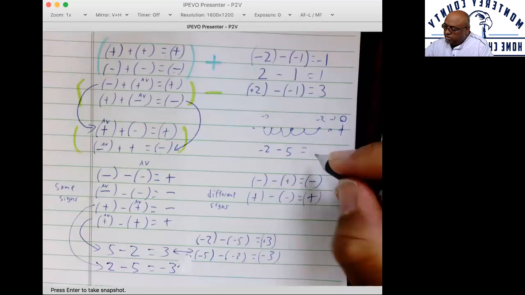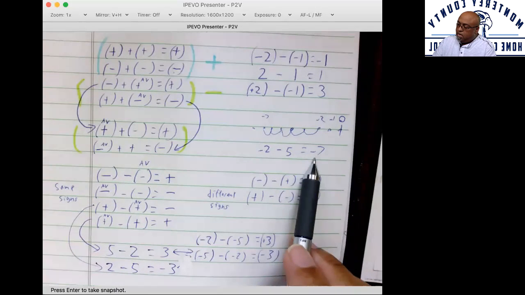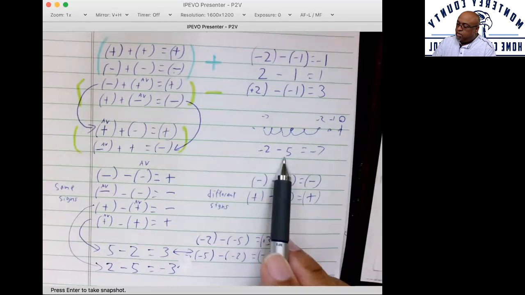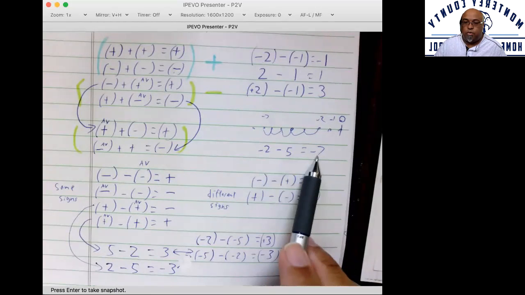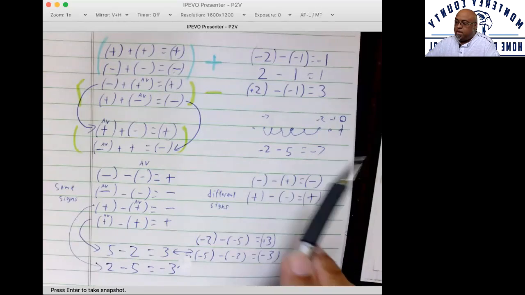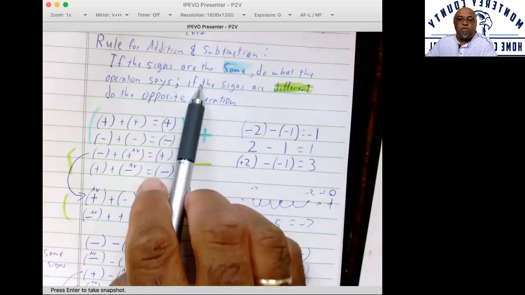Okay? So in this case, since I have a negative and I'm taking away positives, which by definition makes it more negative, my answer is more negative.